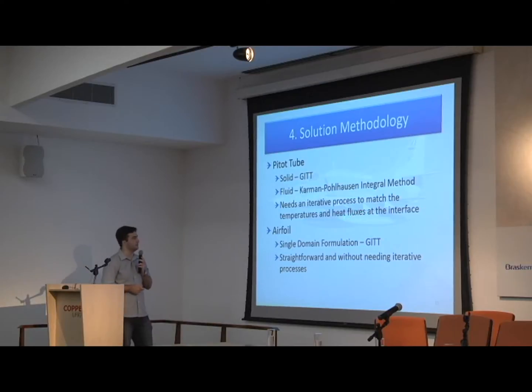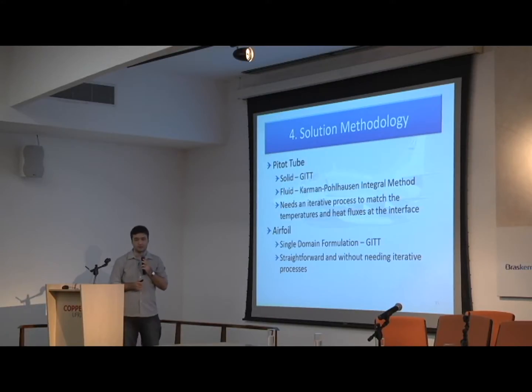It's very simple, and the main problem with that was the need for an iterative process. These two problems are too different mathematically. It's too difficult to solve them all together. And so we found no way around using an iterative process that basically takes the results from here and then goes to the fluid and then comes back.